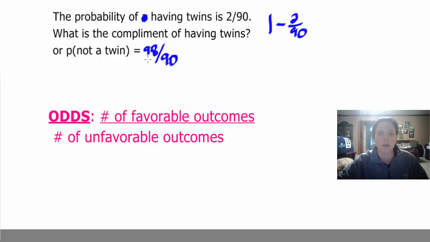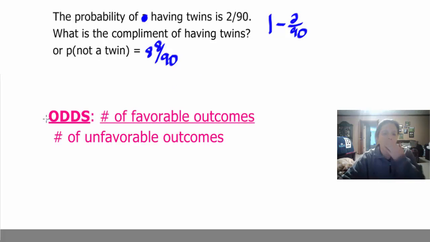Oops, I totally wrote that wrong. I was thinking out of 100. Whoops, let me erase that. I'm out of practice. It's 88, right? So this is 88 out of 90, because 88 plus 2 would give you 90. Or if you did 90 over 90, 90 minus 2 would be 88. So 88 out of 90 would be the complement.